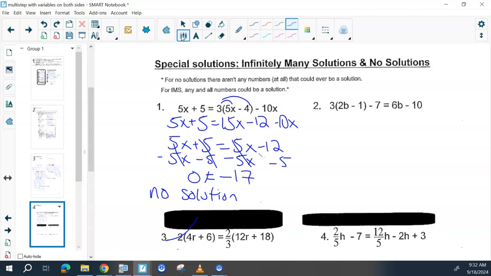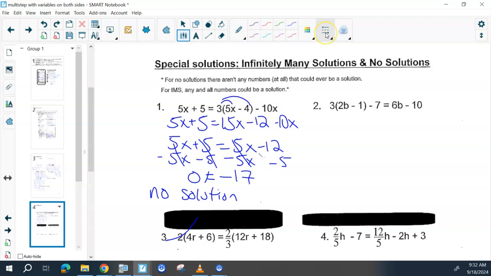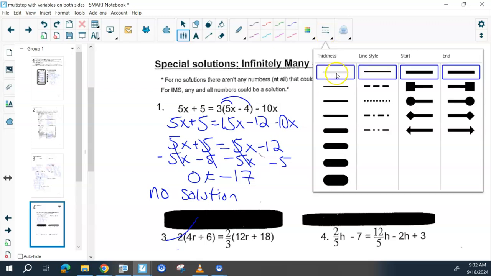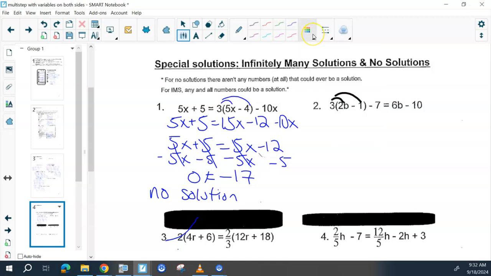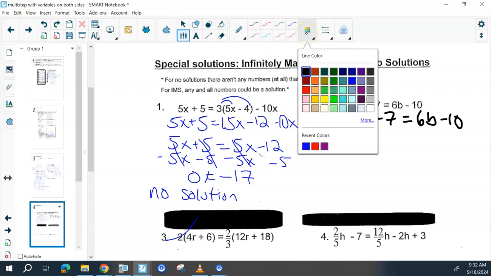Okay, let's try number 2. Same process, go ahead and distribute, and combine the terms.